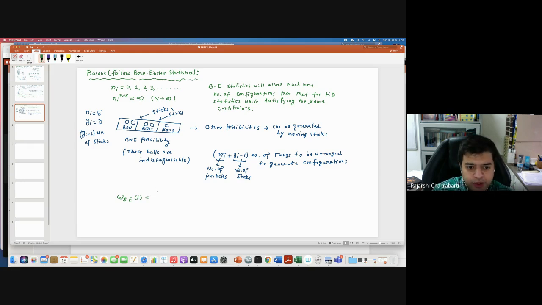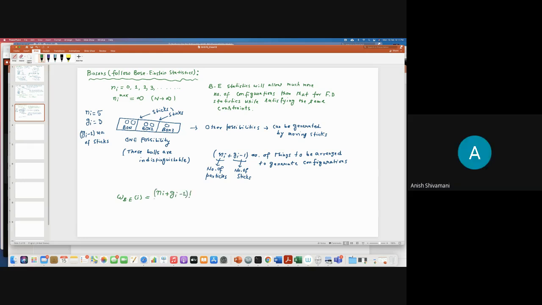You understand that total n is the total number of objects, so this is the factorial of that, and I divide by ni factorial, gi minus 1 factorial.